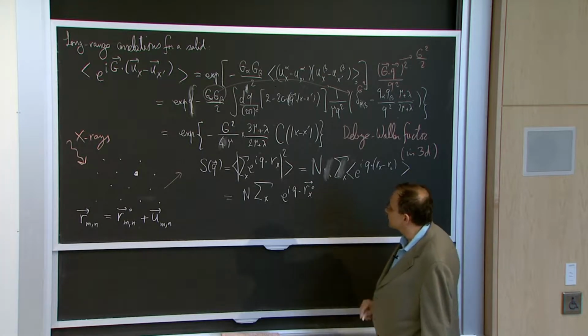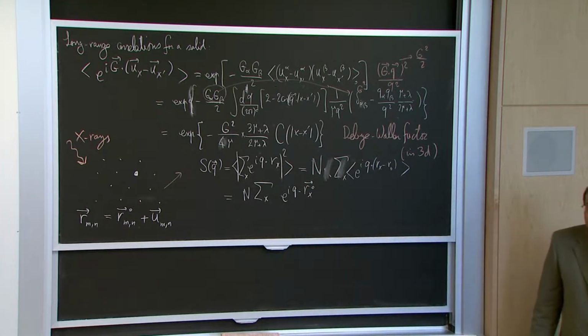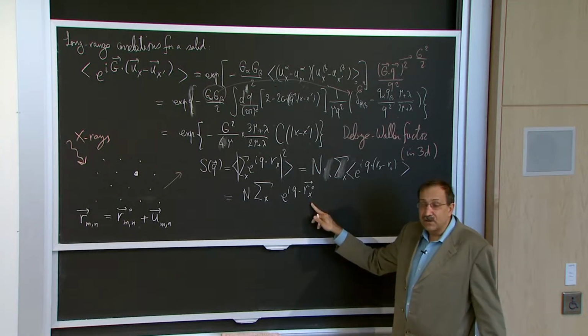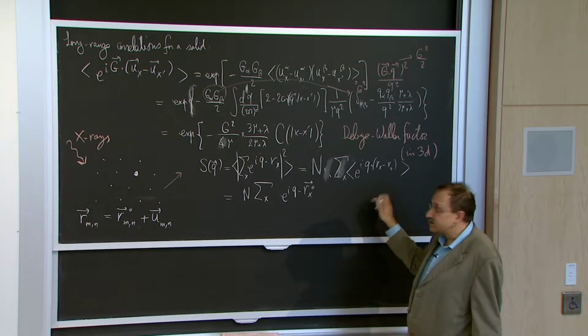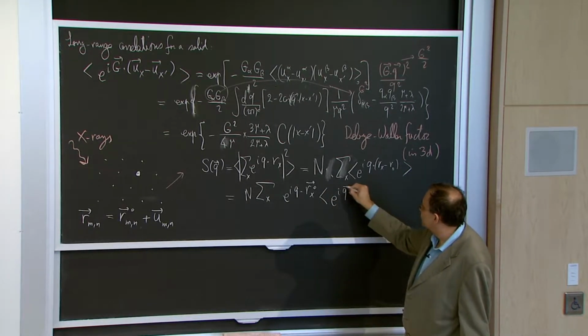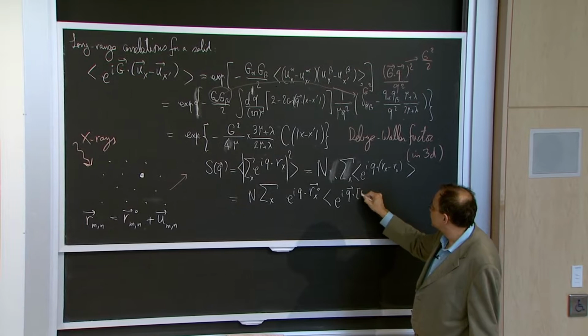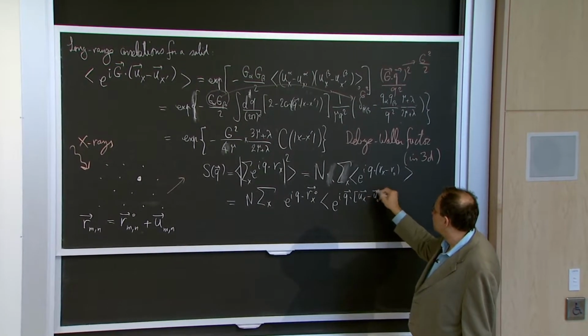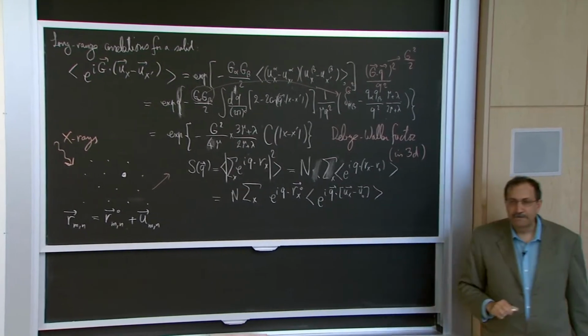Let's call it R0 of x. And that quantity has no fluctuations. The fluctuations go into e to the i q dot u of x minus u of 0. Okay?